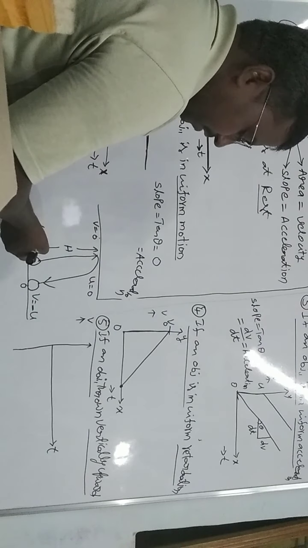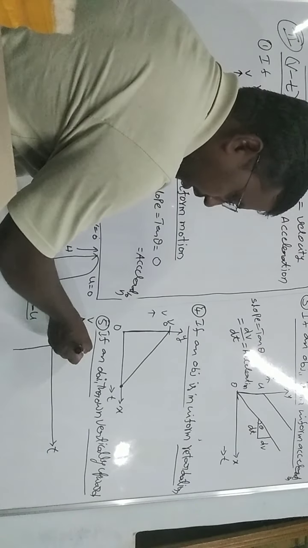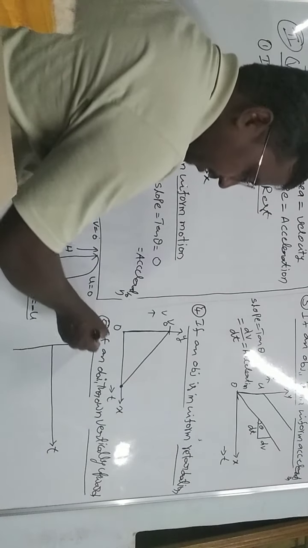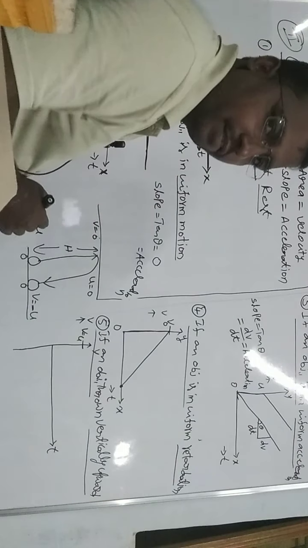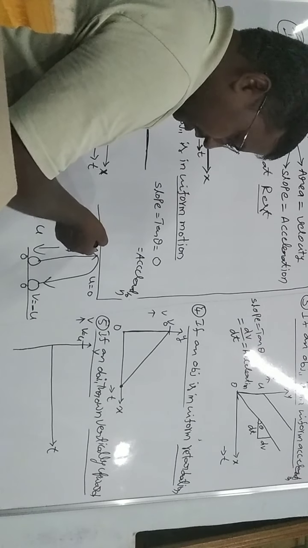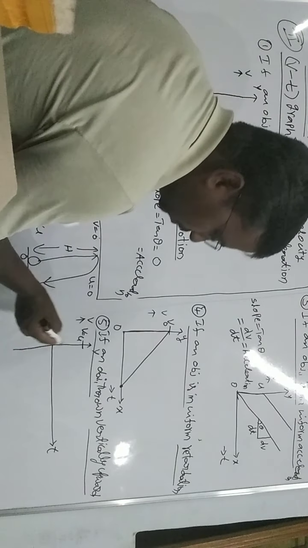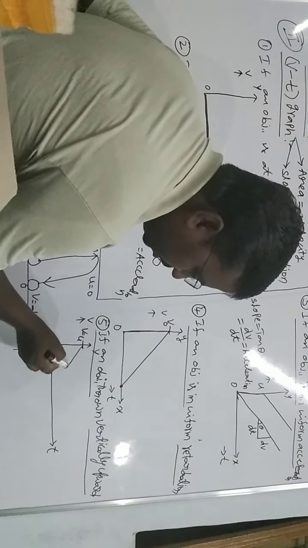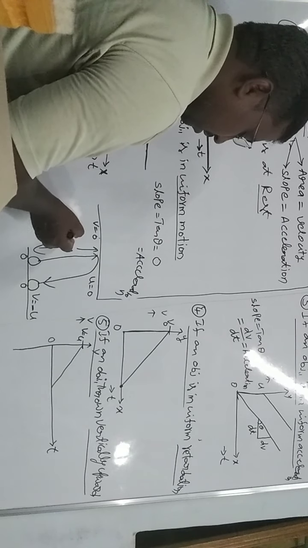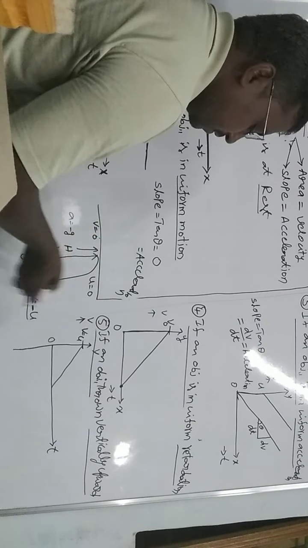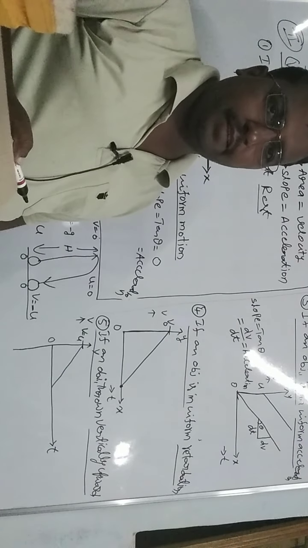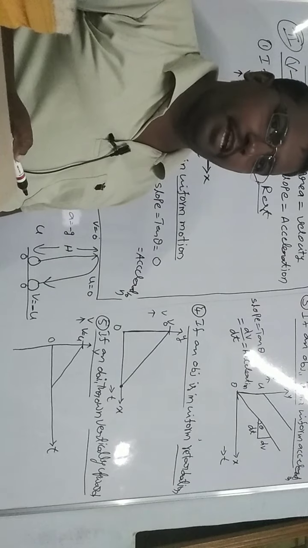Initially at 0 time the velocity is maximum, so we write v equal to u along the y-axis. Now as time increases, its velocity becomes 0 linearly, because the acceleration is minus g, which is uniform acceleration, uniform retardation.